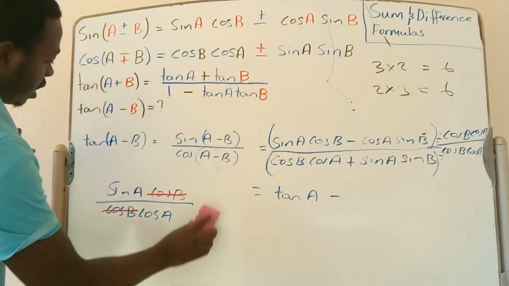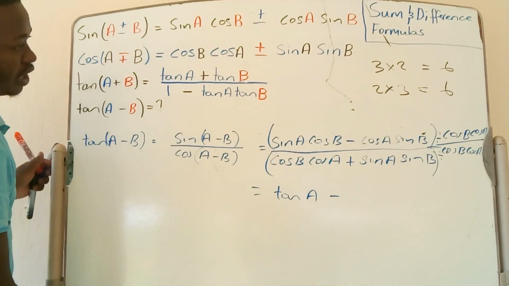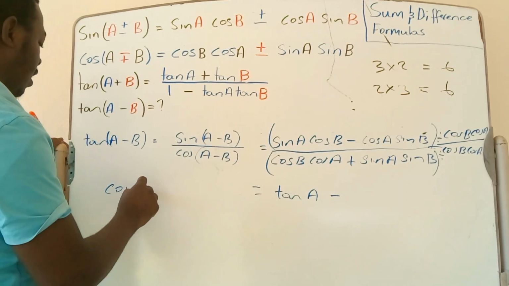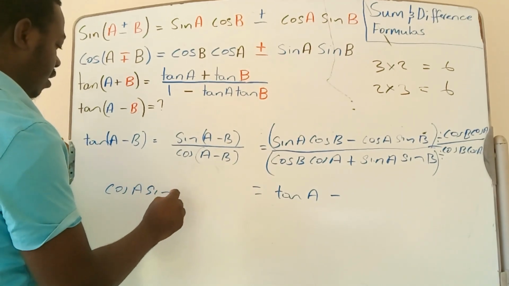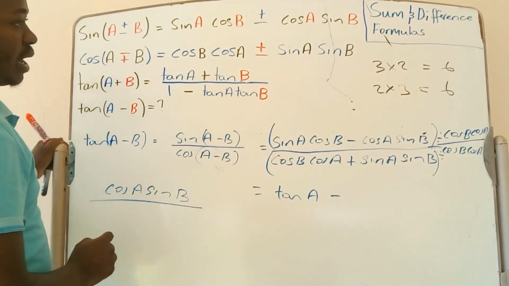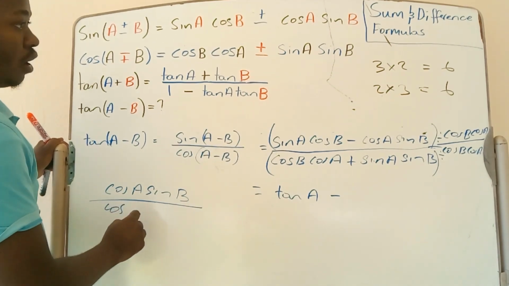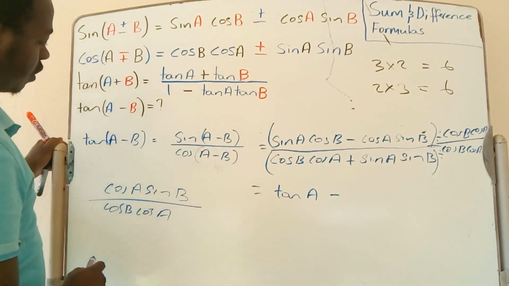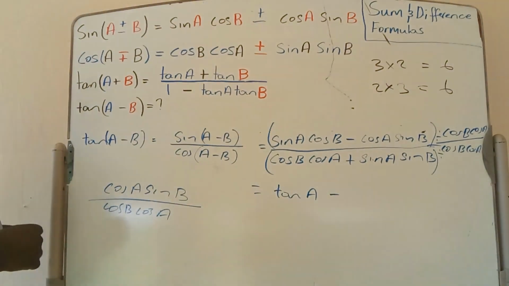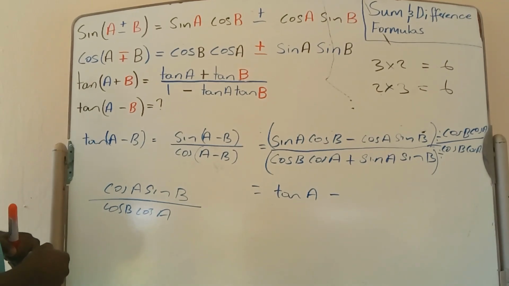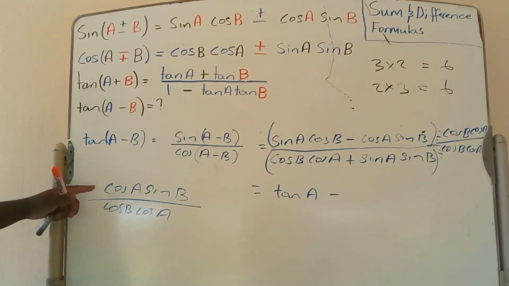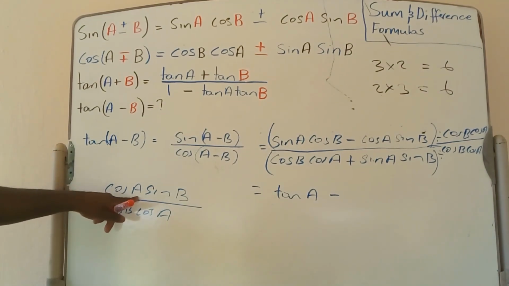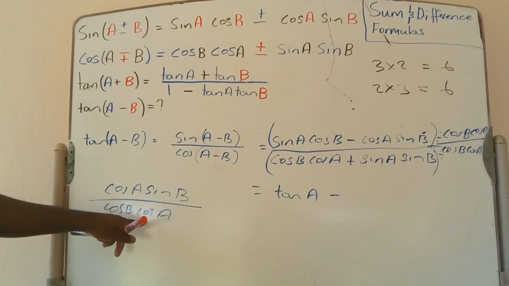Now I am going to take the second term in the numerator, right? The second term in the numerator is cos A sine B. And I'm going to divide that by cos B cos A. Again, what do I notice here? I notice that I have a cos A in the numerator and a cos A in the denominator as well.